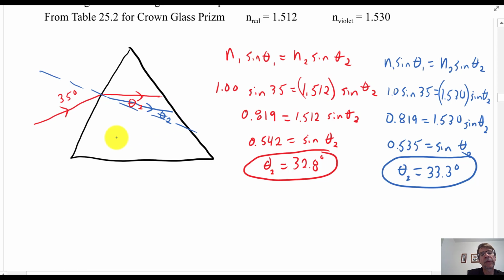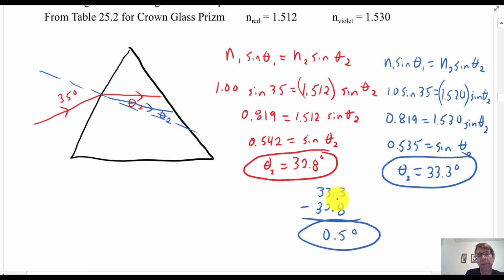The question is, what's the angle between those two beams? Well, if the red was bent at 32.8 degrees from that normal, and the violet 33.3, the angle between those two is 33.3 minus 32.8, which we can do in our head, 0.5 degrees.